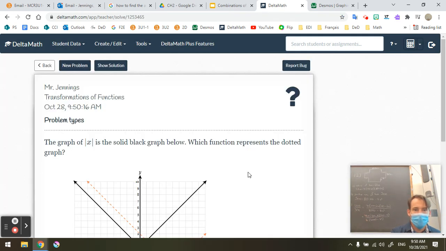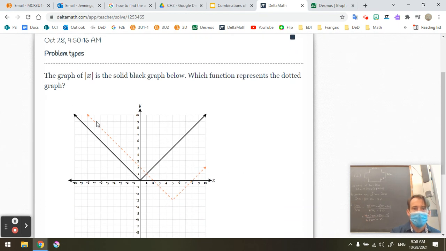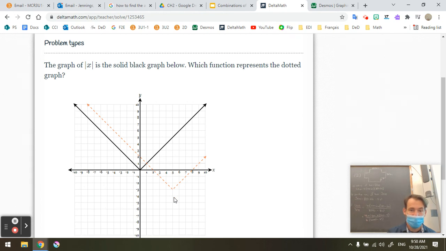And if we take a look at transformations of functions, now this one, these are different problem types. This one asks you what transformations are required to create the red dotted graph. So here I have the absolute value function. It starts at (0, 0), but the point (0, 0) has been moved to (5, -3). However, it has not been stretched, it has not been compressed, it has not been reflected in any of the axes.